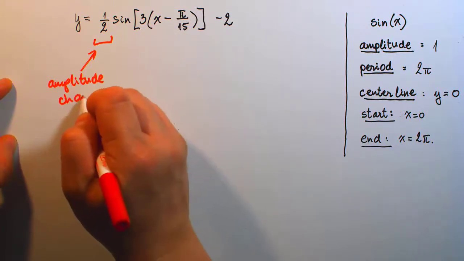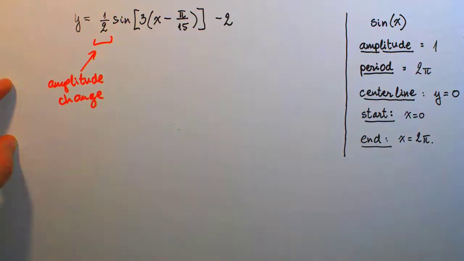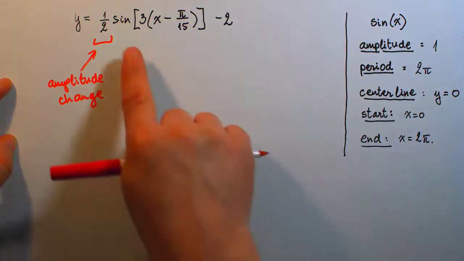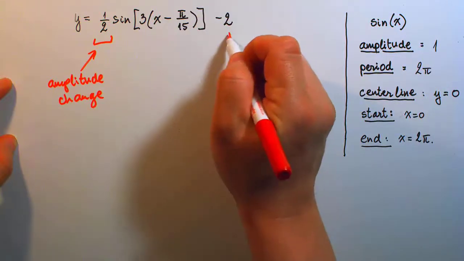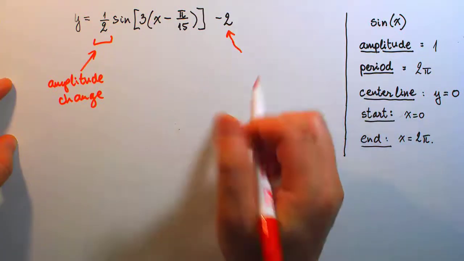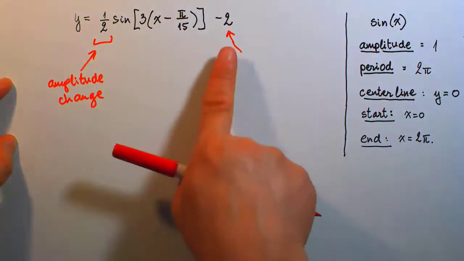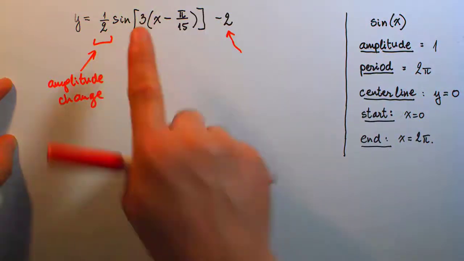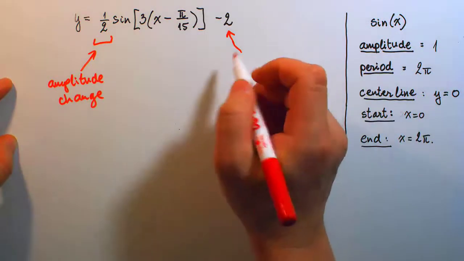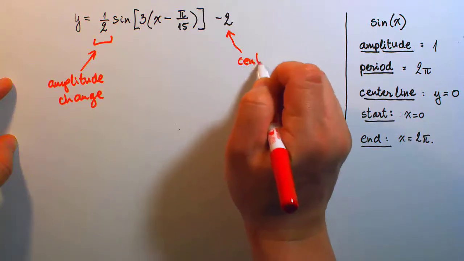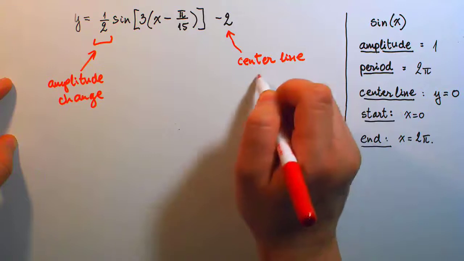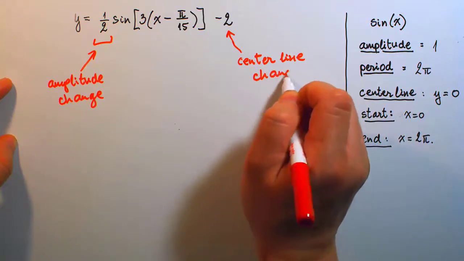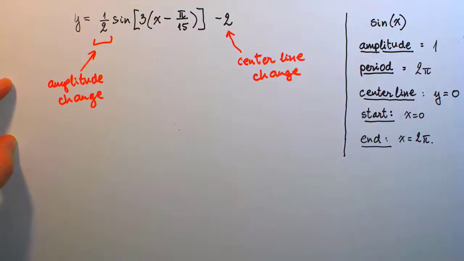That's one thing to make note of for the next step. Also, outside of our sine function, we have a constant 2 being subtracted from our function. This 2 being subtracted is responsible for the center line change. So we will run into some change in the center line.